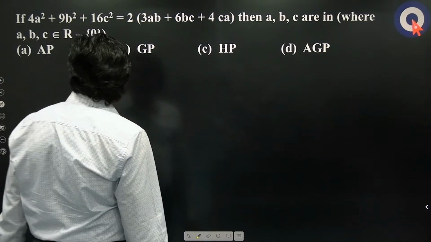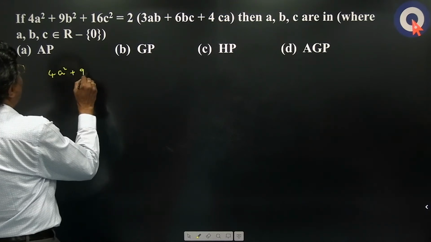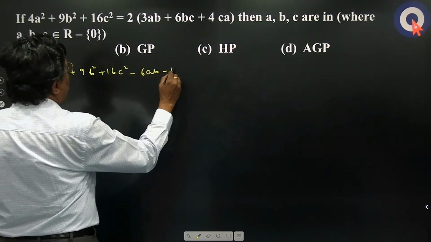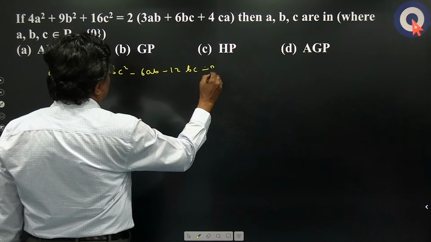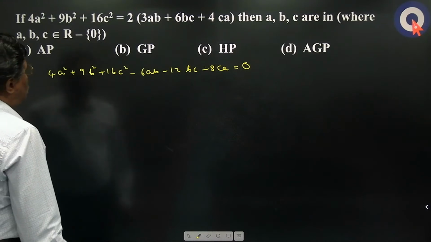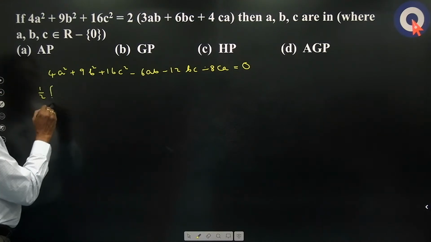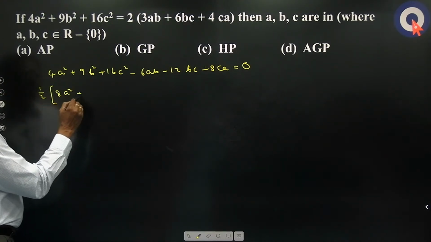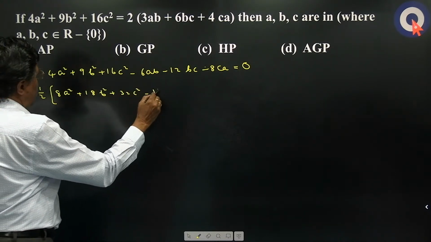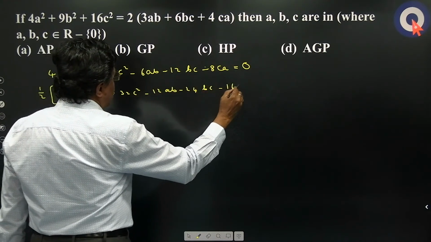So here 4a square plus 9b square plus 16c square minus 6ab minus 12bc minus 8ca equal to 0. All right. Now this I will write as half into 8a square plus 18b square plus 32c square minus 12ab minus 24bc minus 16ca.